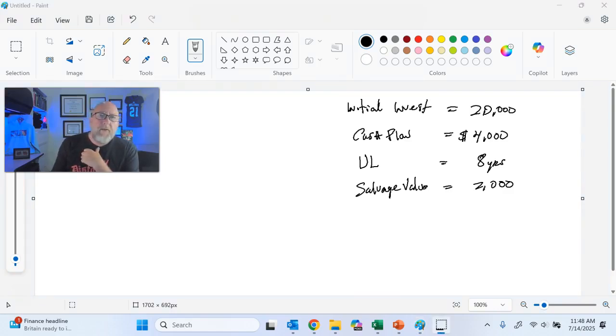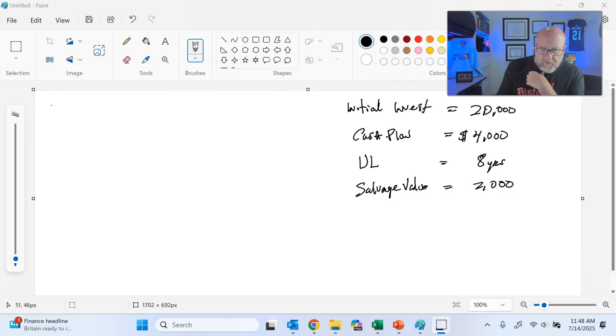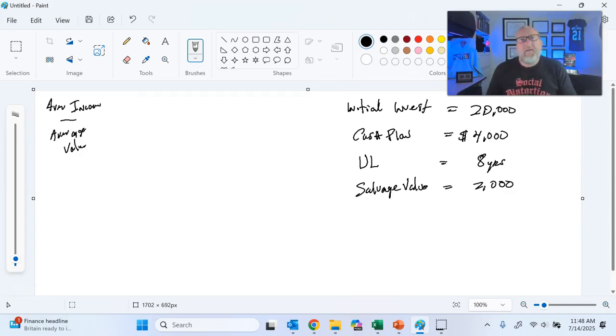And if we remember correctly, the formula is average income divided by average value. Okay, so let's do average income. I'm going to make a total of 4,000 every year times 8 years. That would be 32,000. And I am also going to get a $2,000 cash payment at the end of the 8 years.